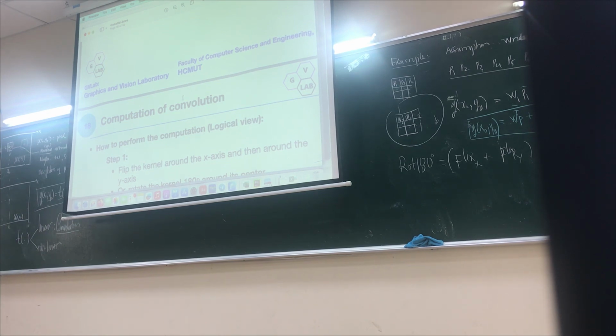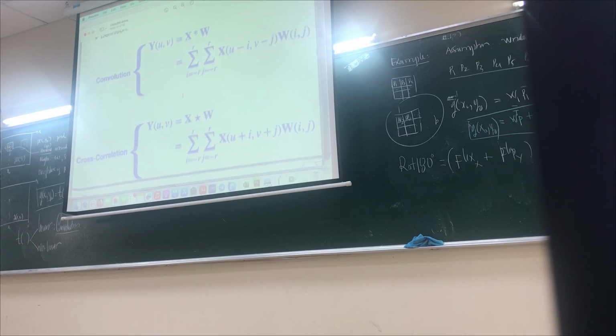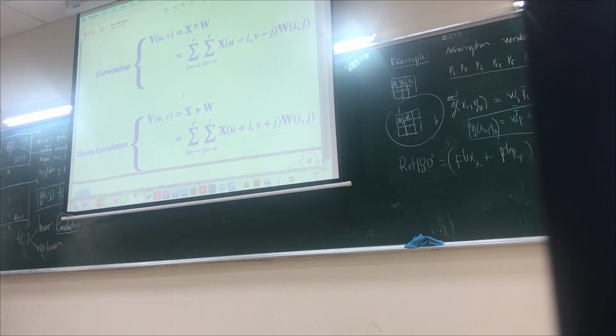So again, in convolution theory you have to rotate the kernel, and you can see that deep learning frameworks perform correlation instead of convolution, because the difference between the two is just rotating the kernel or not. For convolution it has to rotate.